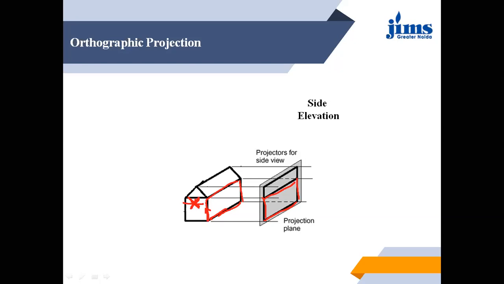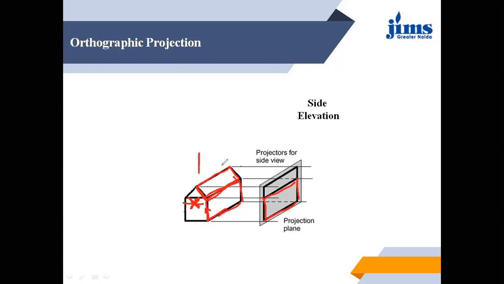So this is the top of this object. This is the top, that is the roof of this object. So when you see the roof of this object from the side, it will not look like this, it will look like a vertical plane.